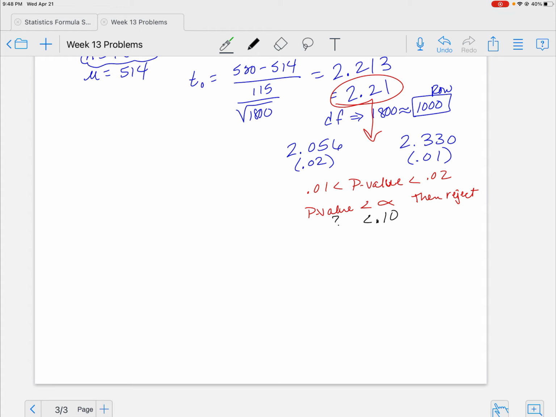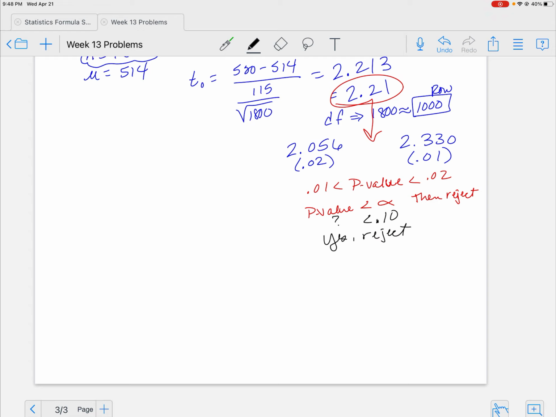If you have an exact one from StatCrunch, use it. If you have this approximation, the highest p-value I could possibly have would be 0.02. Yeah, that's less, right? So if my value is between these two and the highest it could possibly be is up to 0.02, that's definitely less. So yes, we reject that.